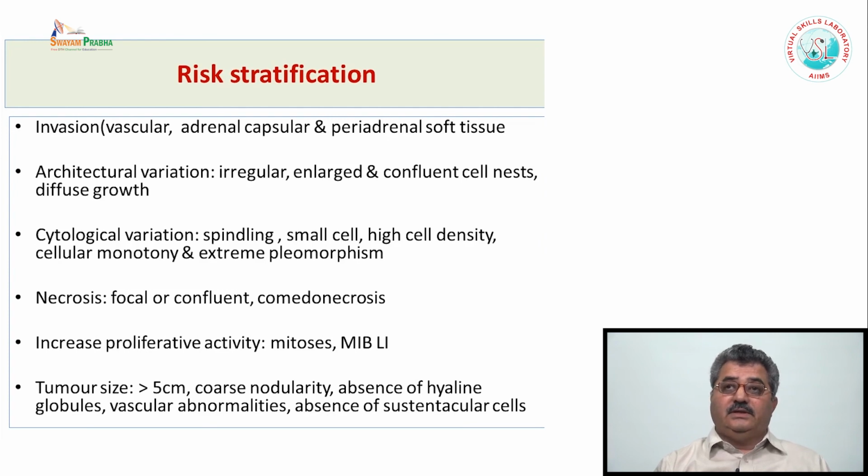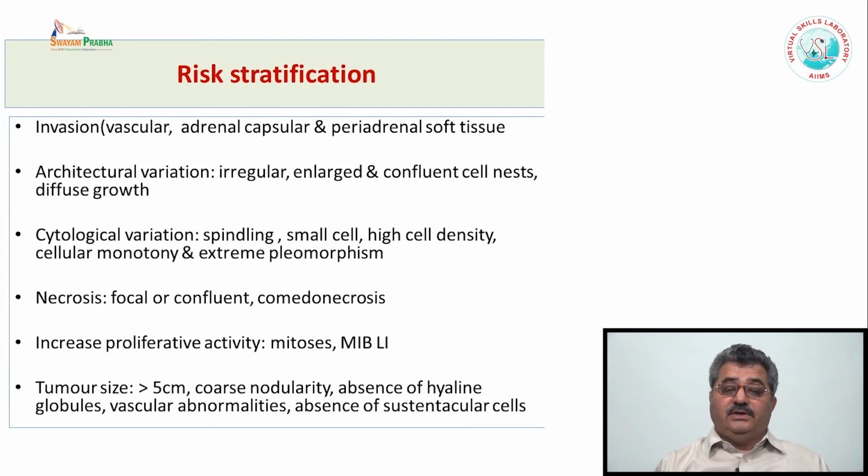Normally, as I mentioned, they are the Zellballen pattern, small nests of cells, usually very homogeneous or pleomorphic. But in architectural pattern, when these groups become irregular, they are enlarged, they are confluent cell nests or diffuse growth, that is usually indicative of higher grade.